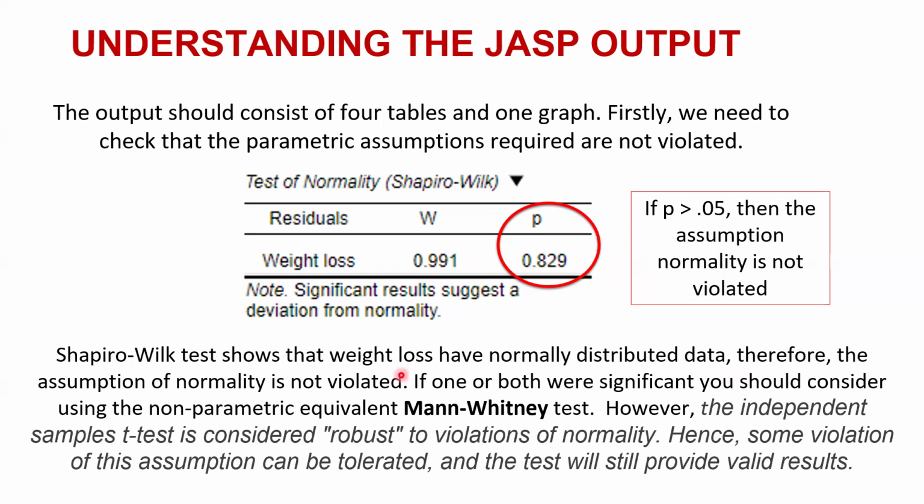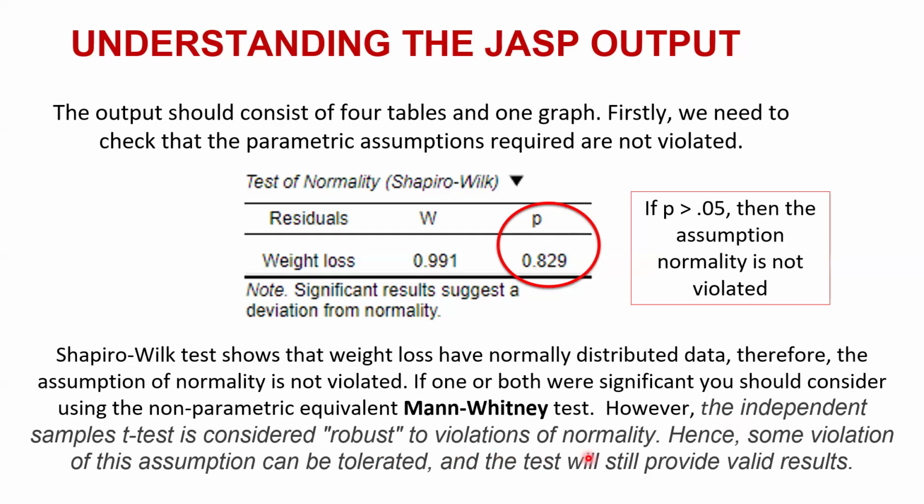Okay, therefore, the assumption for normality is not violated. Now, here, you may consider using the non-parametric equivalent, the Mann-Whitney test, if the p-value is less than 0.05. However, keep in mind, the independent samples t-test is robust to certain violations of normality.